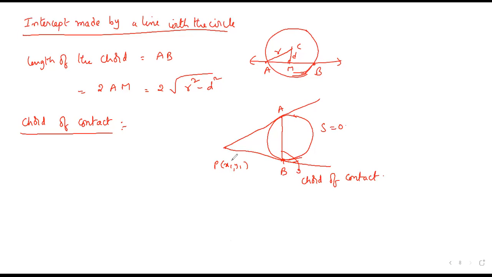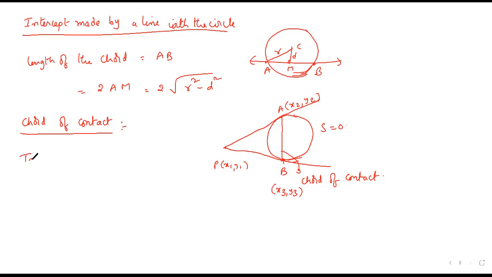To find the chord of contact equation, suppose you take the points as A(x2, y2) and B(x3, y3). Now we have to find the equation of the line passing through (x2, y2) and (x3, y3). See here, first a circle is S equal to 0 and A(x2, y2) is a point on the circle.